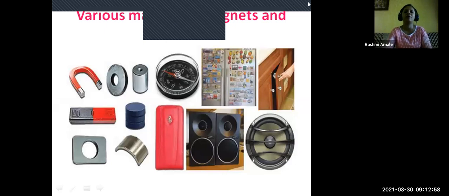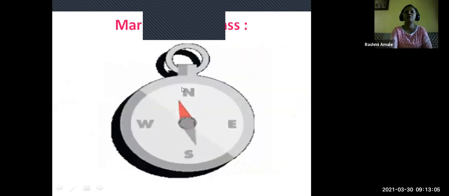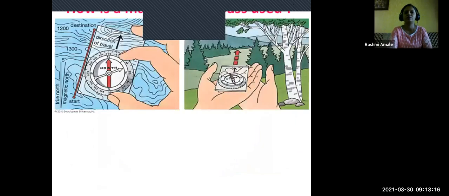And there is this special magnet which is called the Mariner's compass. So what is its use? See, this is the Mariner's compass. So how is the Mariner's compass used? It is basically used to find out directions.